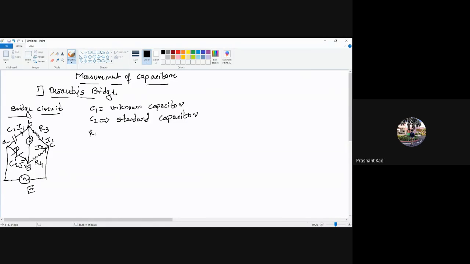Then R3, R4, these are known resistances. C1 equals C2 R3 by R4.